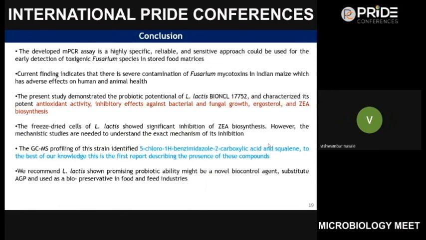In conclusion, we developed a multiplex PCR assay that is a highly specific and sensitive approach and could be used for the rapid detection of toxigenic Fusarium species in food matrices.